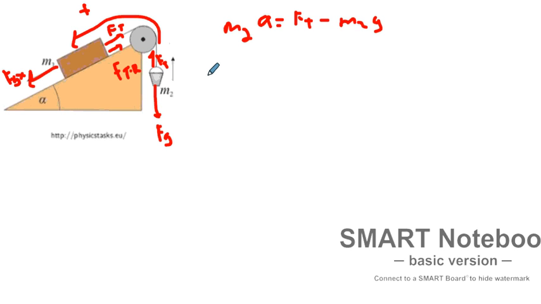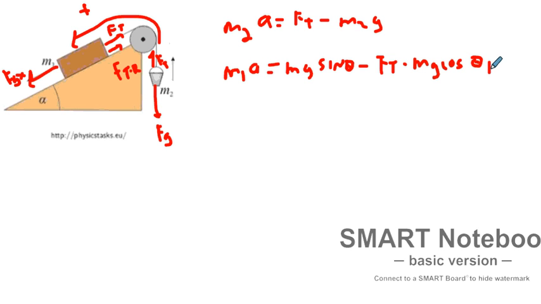So this equation here, I'll try to write this quickly, is going to be M1A equals mg sine theta minus force tension minus mg cosine theta mu. We'll add those two equations together. Force tensions will cross off just like always. You get the acceleration, then plug back into either equation, and you will get the tension force.